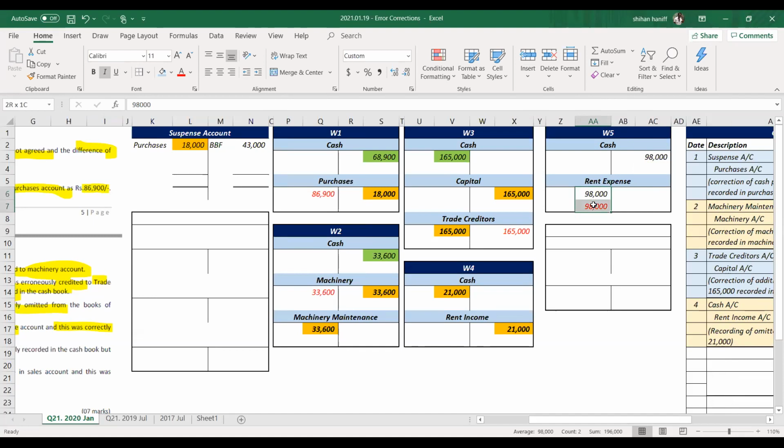Now this will affect the trial balance because debited 196, credited only 98. So how do you correct this? 98,000 we have to remove from the rent expense. Then the rent expense account will be corrected, and the difference we have to take to the suspense account, 98,000. So this is the correction.